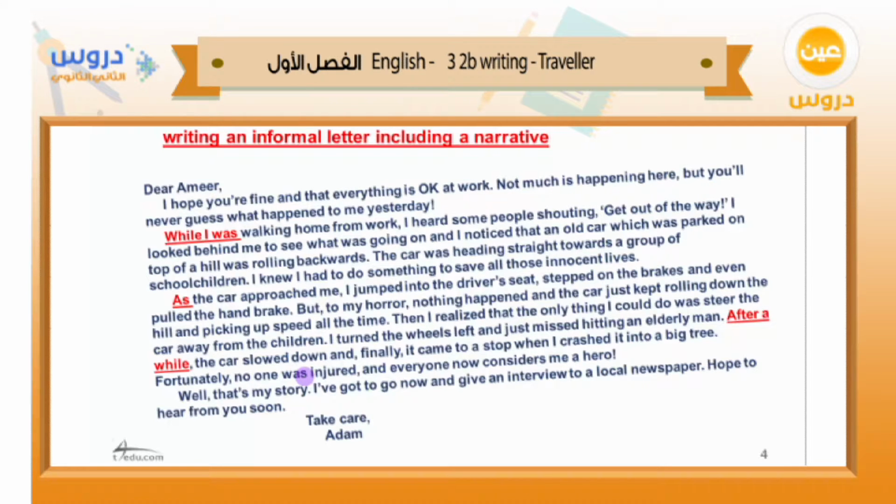Here is an example of a narrative story written by Adam and sent to Amir. I'm going to read this letter for you. We're talking about writing an informal letter including a narrative, like storytelling.